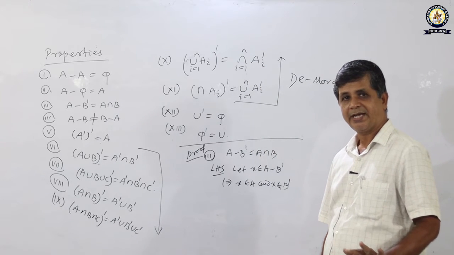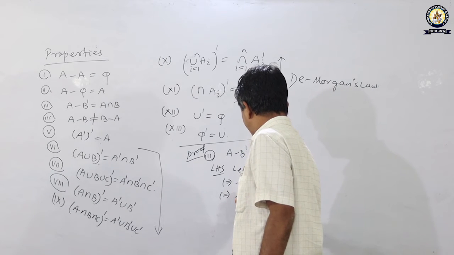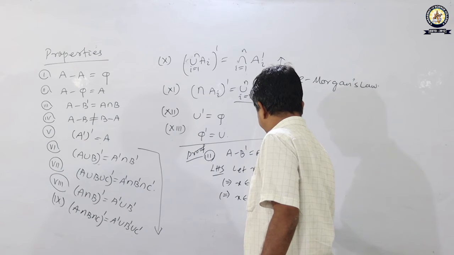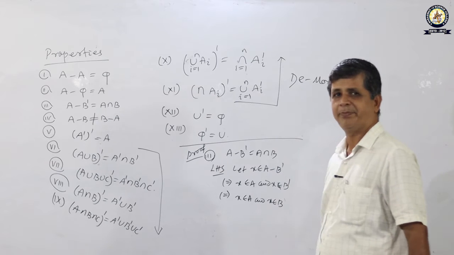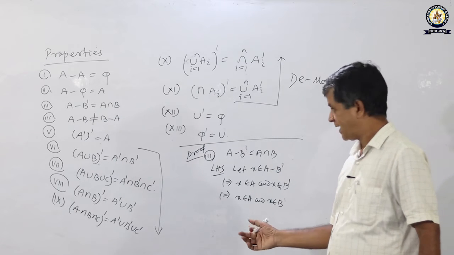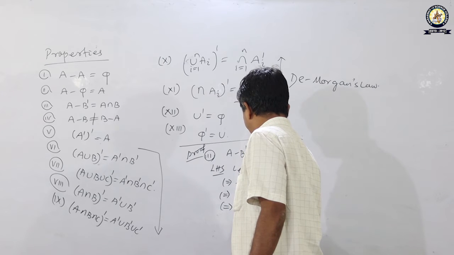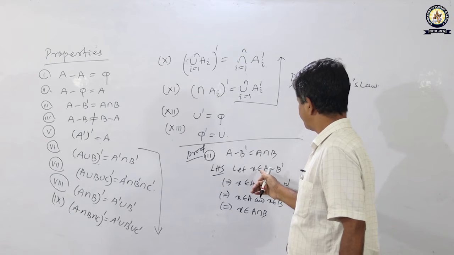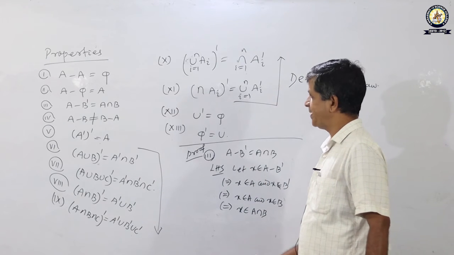If it is not in B dash, then it must be in B. So x belongs to A and x belongs to B, means x belongs to A intersection B. So we have proved A difference B dash is equal to A intersection B.